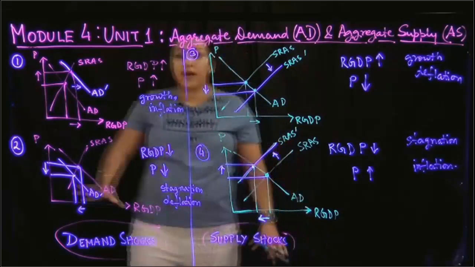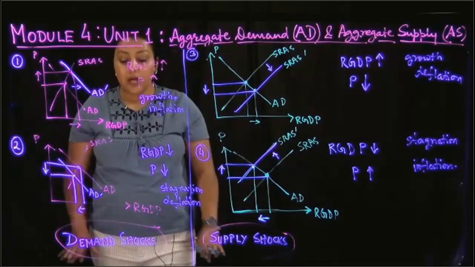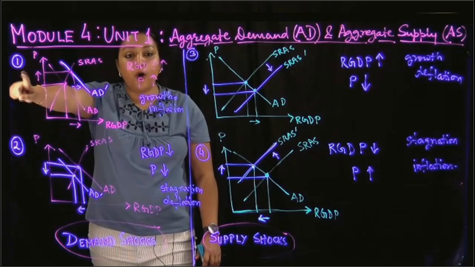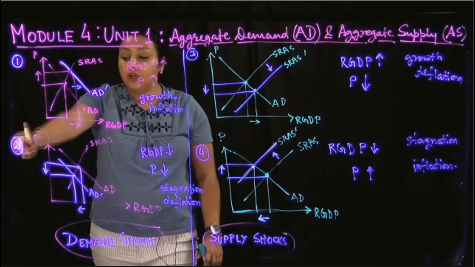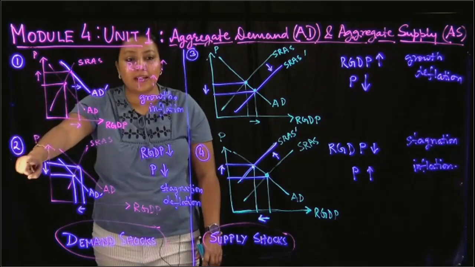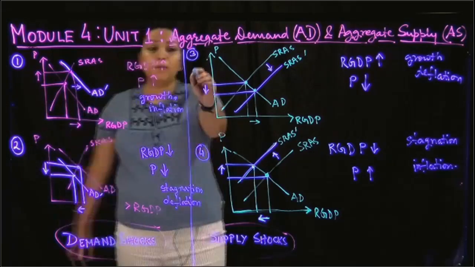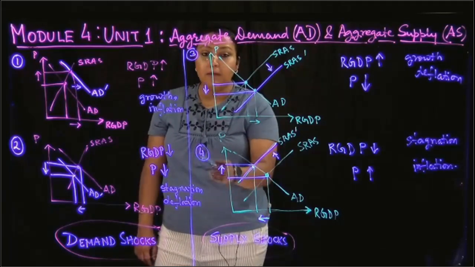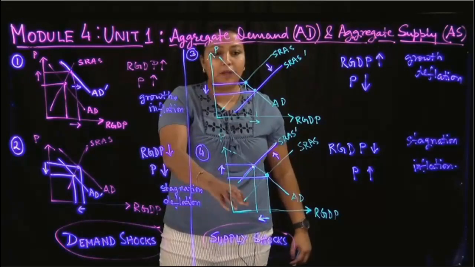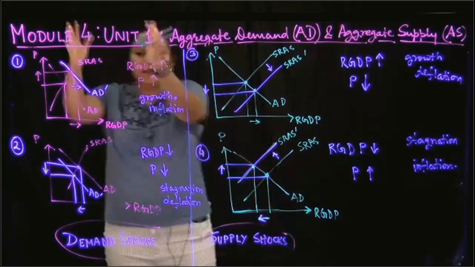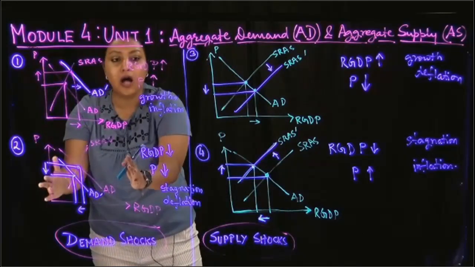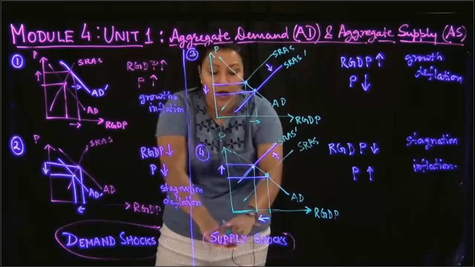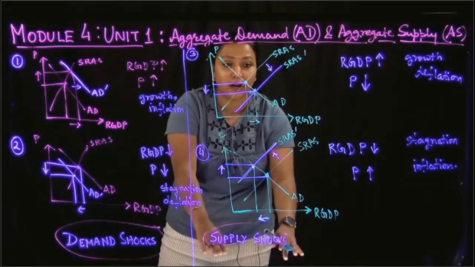Okay. Now here I have laid out for you the different shocks to the economy. Number 1 is a positive demand shock. Number 2 is a negative demand shock. Number 3 is a positive supply shock, and number 4 is a negative supply shock. So 1 and 2 are the demand shocks, and 3 and 4 are the supply shocks, right?